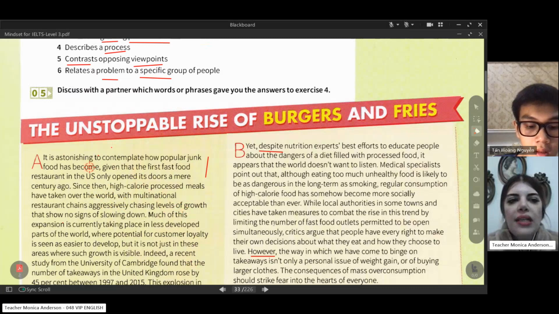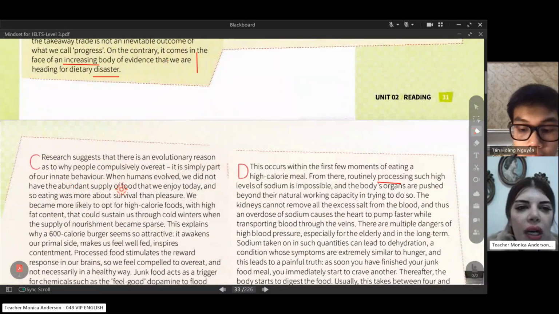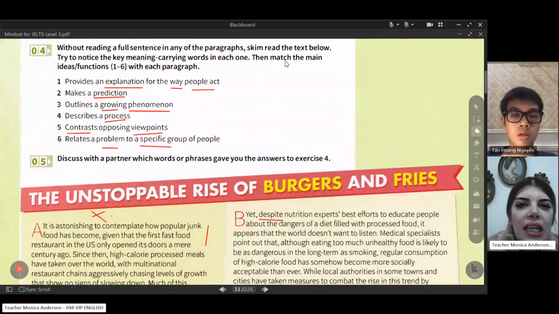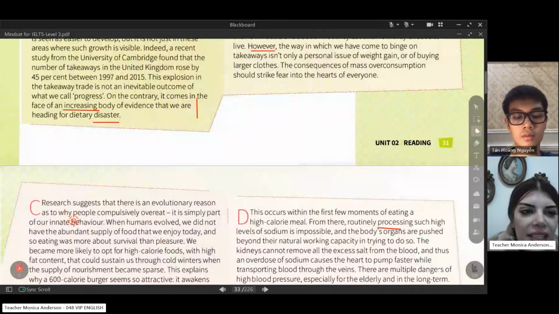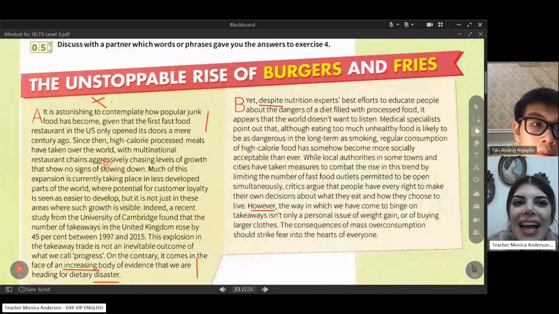So we could find A and B and now paragraph C. So, why people, let's have a look. People, so I have it. Oh, behavior is a synonym of act.